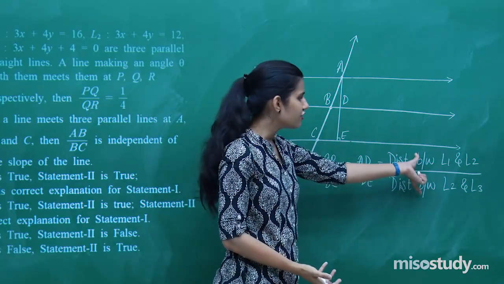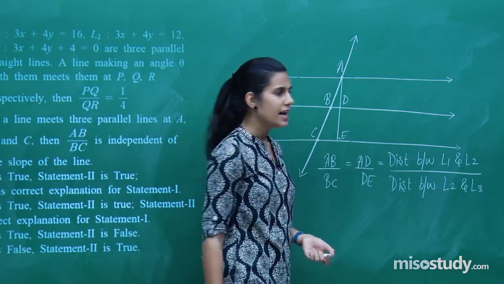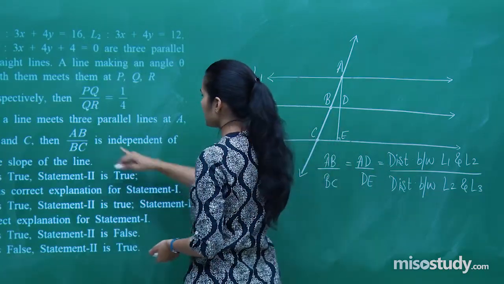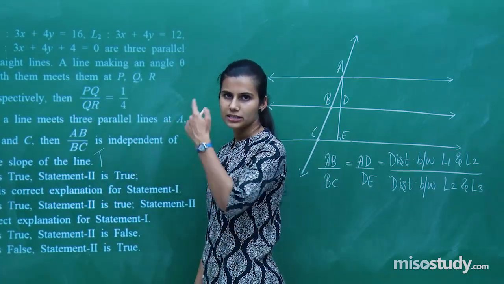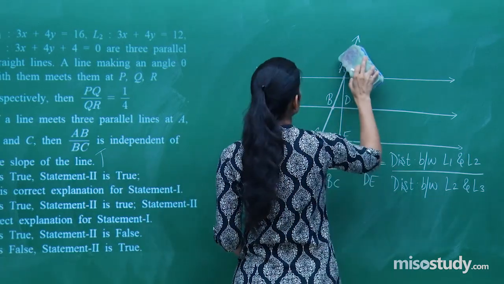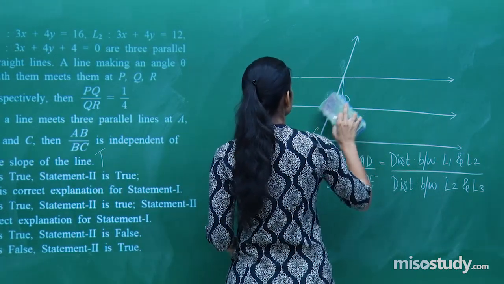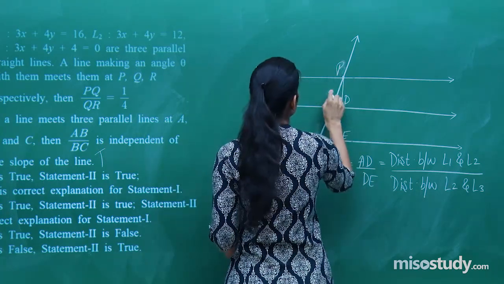So therefore this ratio is not at all going to change even when the slope of this line changes, and therefore statement 2 is correct, that AB upon BC is actually independent of the slope of the line which is intersecting the three parallel lines. Similarly, here it says that suppose, now instead of ABC, it is meeting them at P, Q, R.